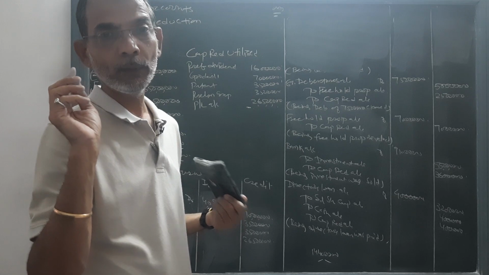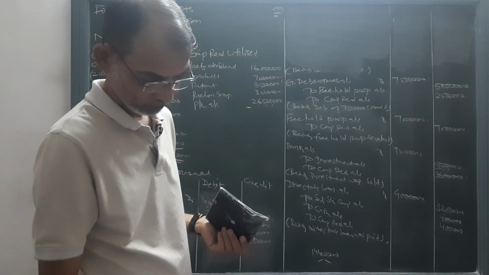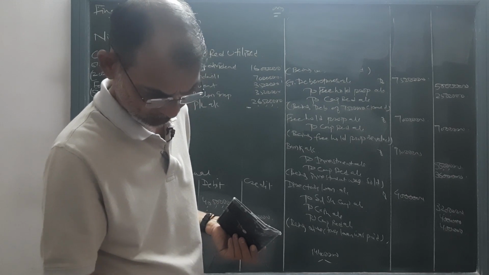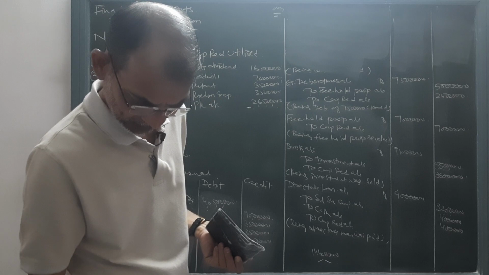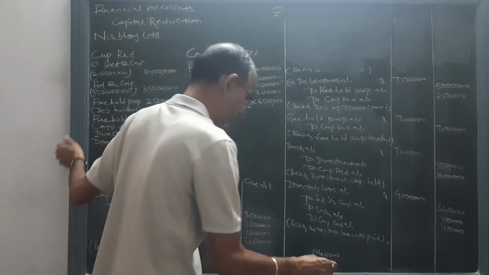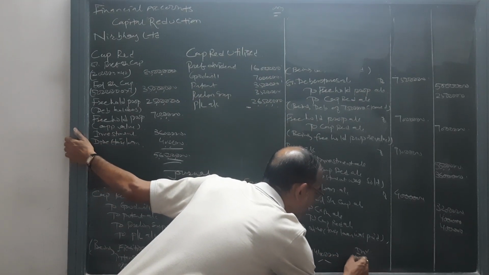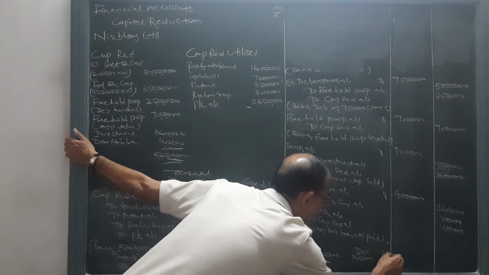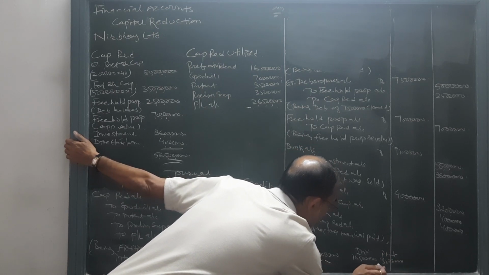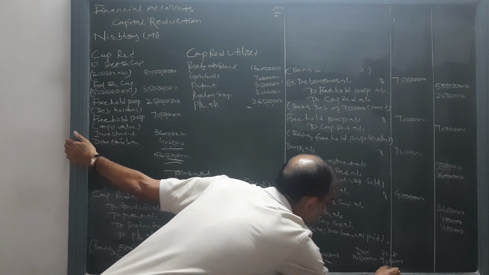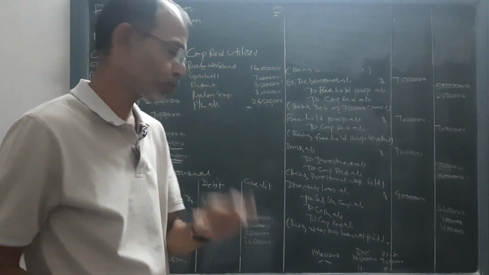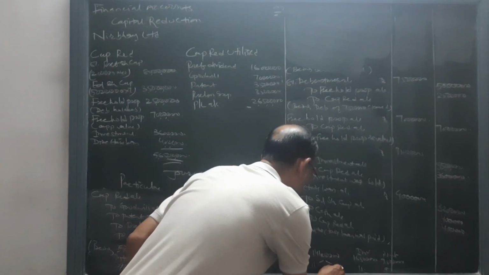And what ratio will be taken? The book value of plant and stock. Inventory is 1 crore 65 lakh and value of plant is 75 lakh. So 15 and 5, that is 11:5. So 1 crore 44 lakh is to be written off in the ratio of 11:5.